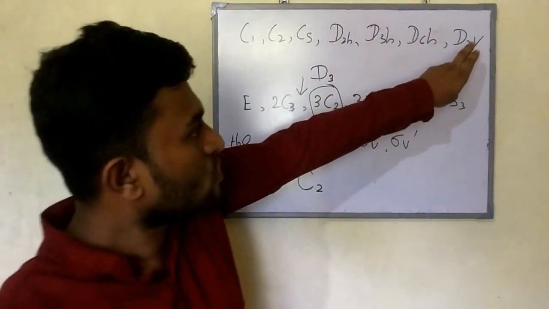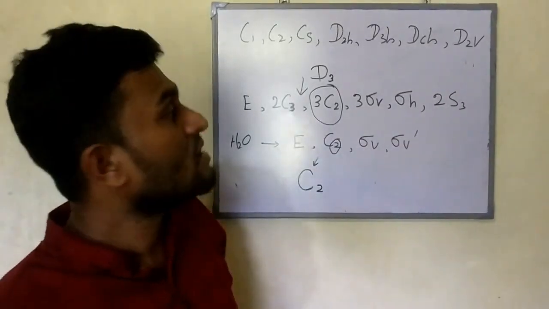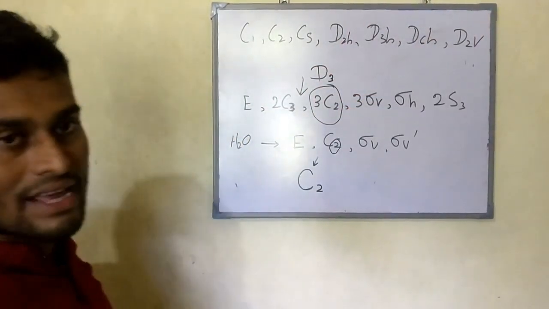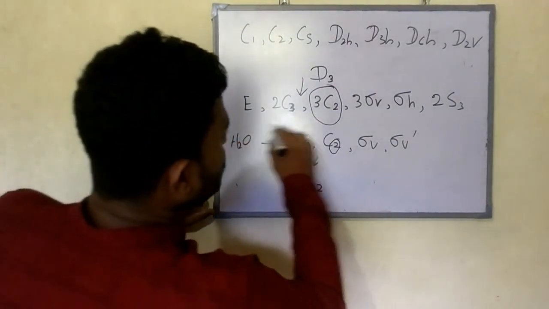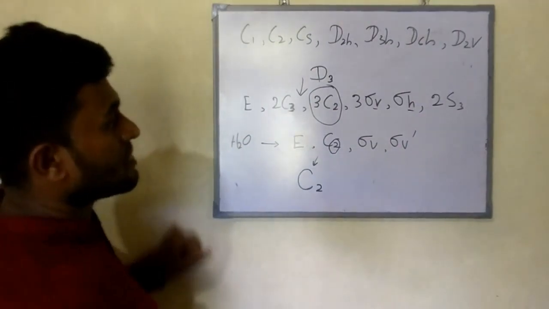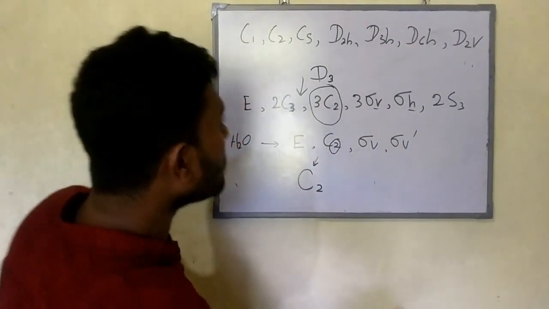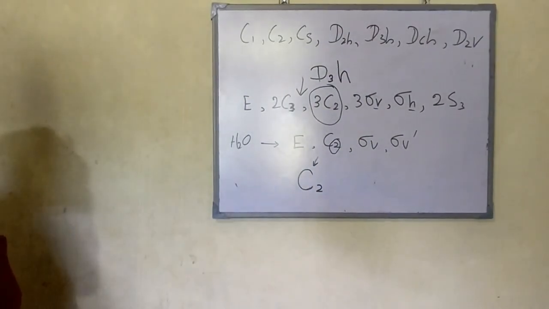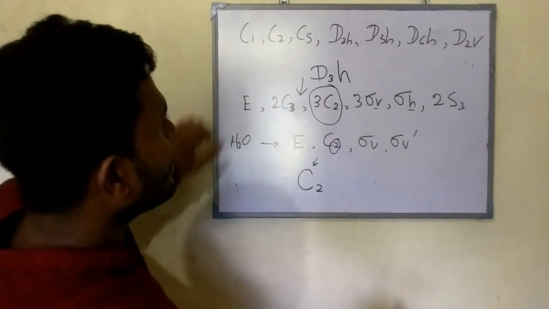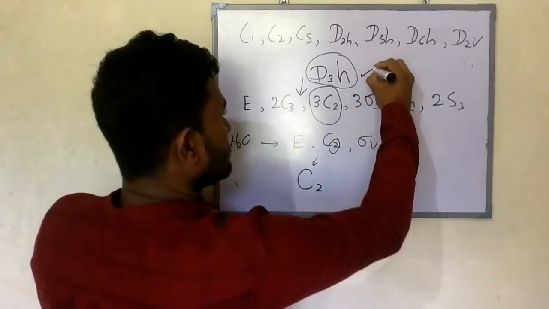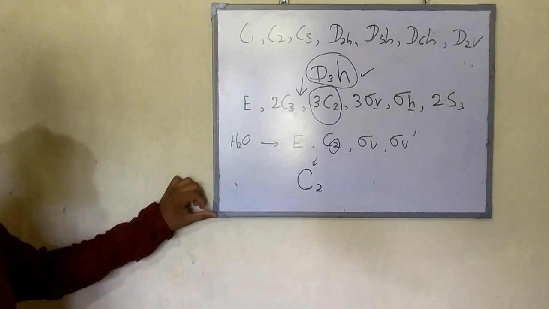Then you need to indicate the plane of symmetry, whether it is H or V. For this one, V is also there, H is also there. But you need to give priority to H. So this is the D3H point group.